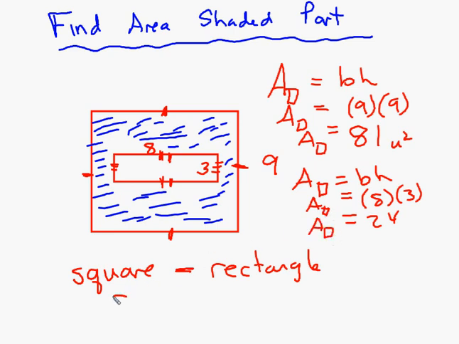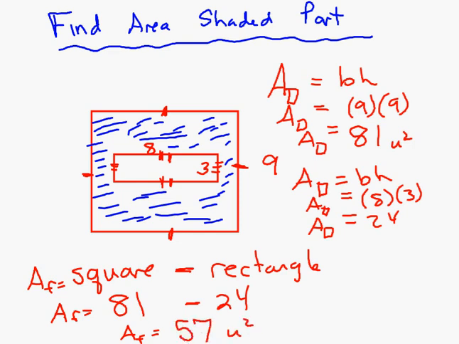So the area of the square is 81, and I'm going to subtract from it the 24 to get my total area. The way I'd write that is area final. So it is 57 units squared.